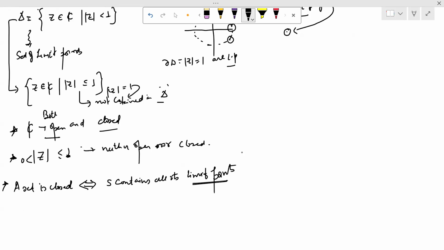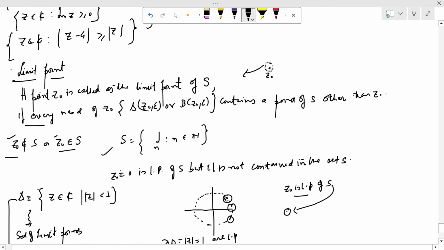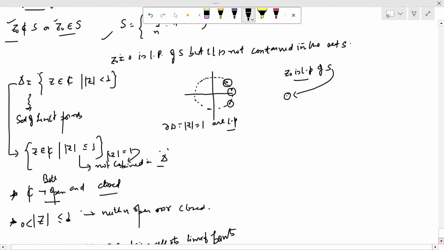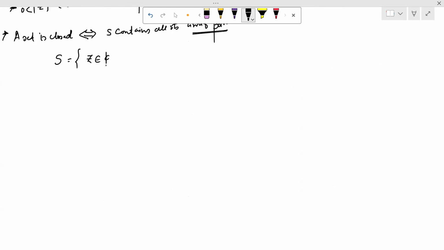So if you want to make this set closed, what do we have to do? I can write it this way: let the set contain all those elements z belonging to C such that z is 0, or z is 1 upon n, where n belongs to the natural numbers.